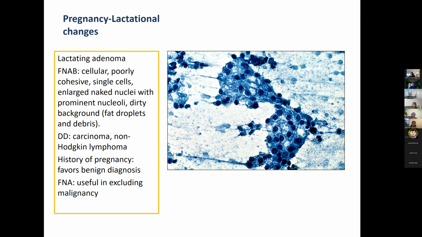So this entity can be a diagnostic pitfall for the inexperienced. So you have to be careful not to overcall it. The secretions here would be the clue that this is related to a pregnancy or lactational changes. Of course, your differential diagnosis would be lymphoma if you have just bare nuclei in the field.